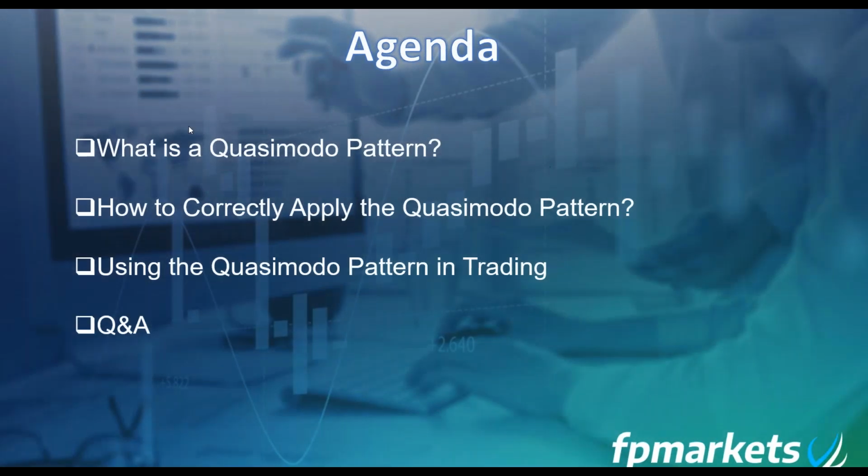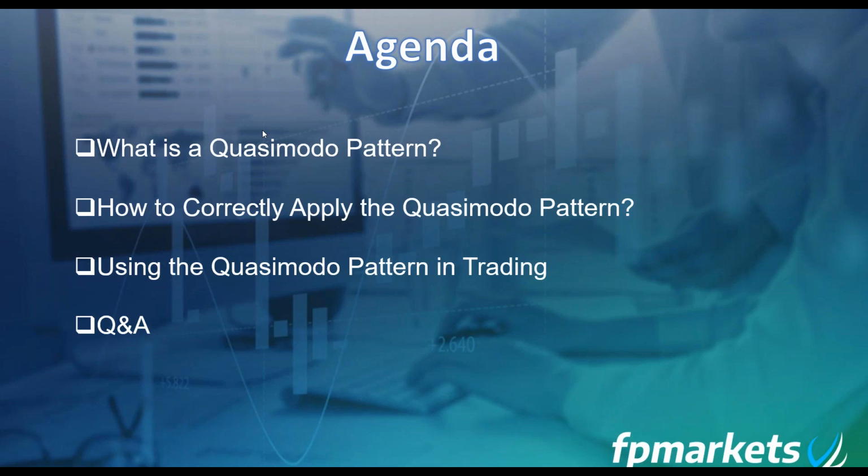So what is a Quasimodo pattern? The plan is to address what the Quasimodo pattern is. Guys, look, if it's okay, can I refer to the Quasimodo pattern as a QM going forward? It's just easier for me than to keep saying the full term. It just gets a bit monotonous.